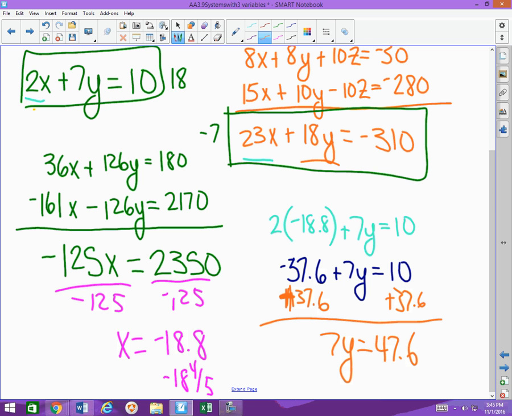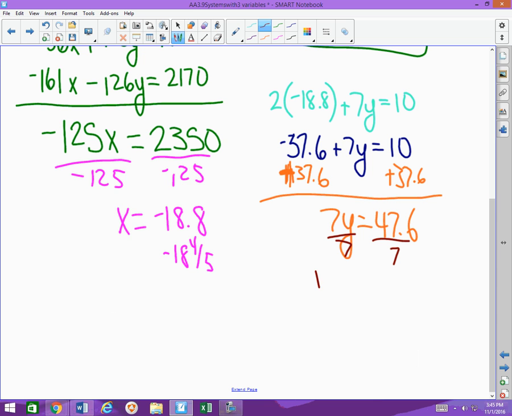And when you divide that out, y will equal 6.8.